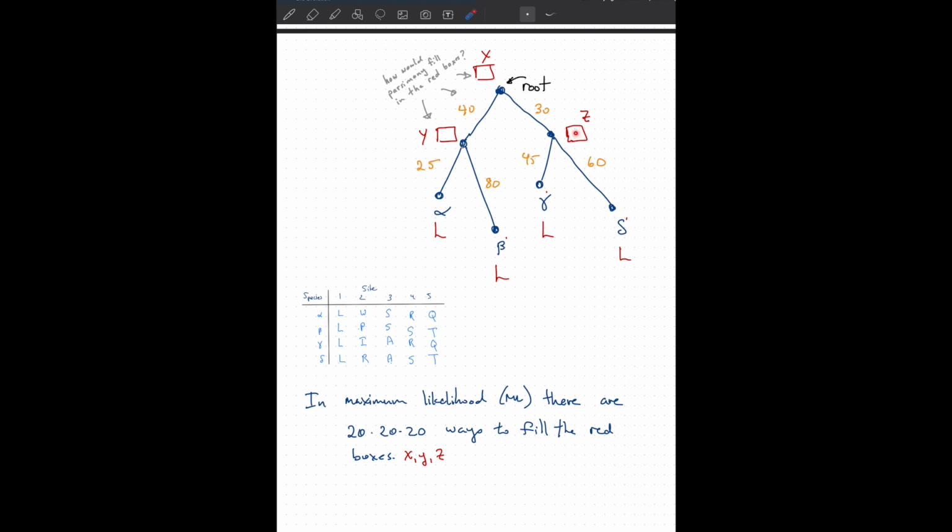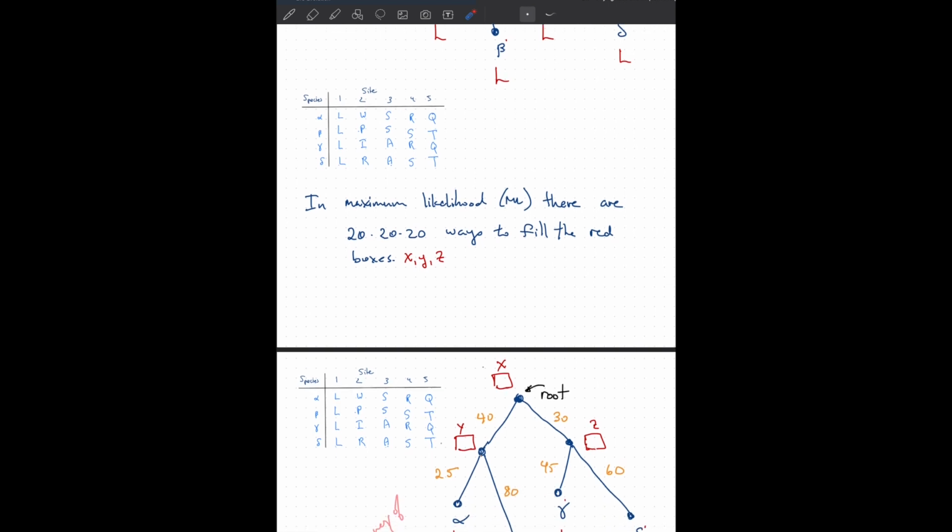And so our approach here basically sums up the probabilities or the likelihoods over all of these 8,000 possible, 20 times 20 times 20, I believe is 8,000, right? 8,000 different scenarios for the first position. Already, I think you can start to see how computationally cumbersome this problem will be, because I have to evaluate something 8,000 times just for this first site, and then do it again for every other site, not to mention some stuff to come.